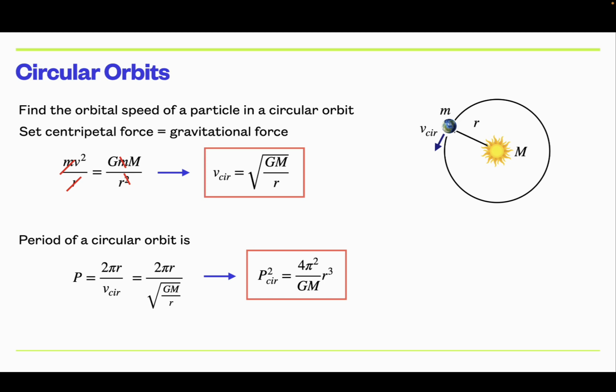If we square both sides, we actually get that the period squared is a constant times the radius cubed. This should look familiar. This is in fact Kepler's third law for circular orbits. So that constant, that k constant, is actually 4 pi squared over the gravitational constant times the mass of the central star.